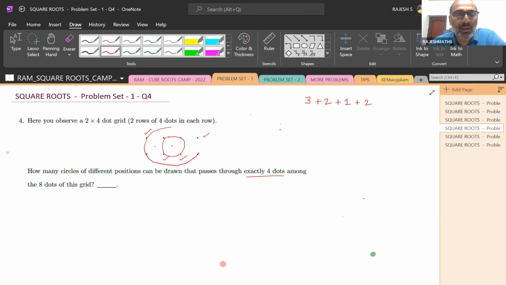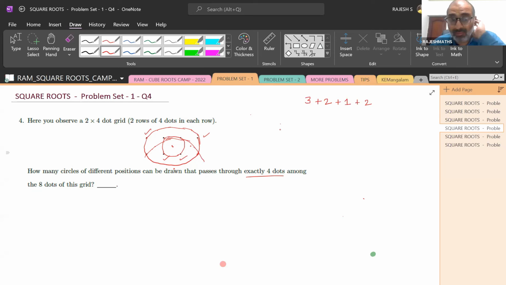I'm not drawing like a circle, you have to bear with me, you need to understand the idea of what I'm talking about. The same center is used for 2 different circles, and then for this center we have only 1 circle. And then you can have a center outside, like I told you, this one. So you can count the centers and the different size circles.